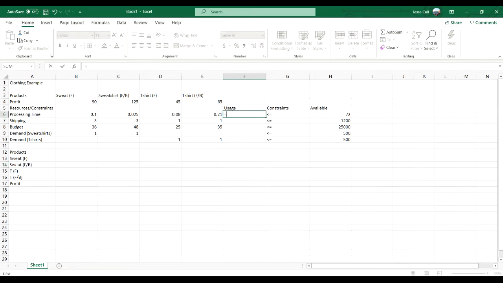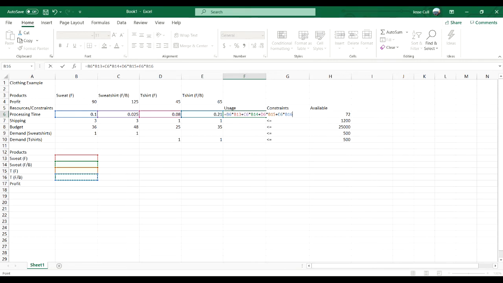To figure out how much time we're using in total, we want the time per sweatshirt with the logo on the front times the total of products we manufacture like that, plus total time per logo on the front and the back times the total number of sweatshirts with the logo on the front and the back, plus the total time for t-shirts with the logo on the front times the total number of t-shirts with the logo on the front, plus the total time for t-shirts with the logo on the front and the back times the total number of t-shirts with the logo on the front and the back.